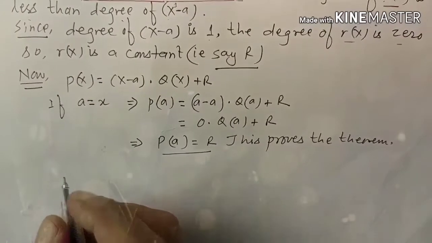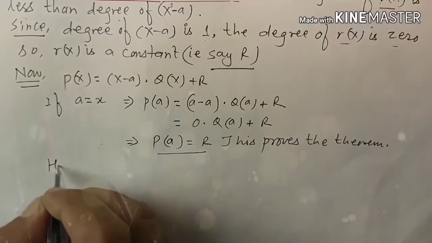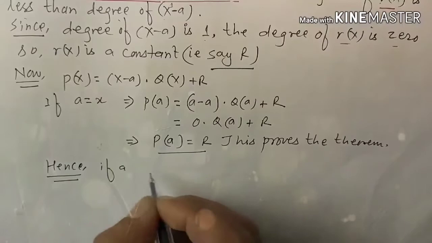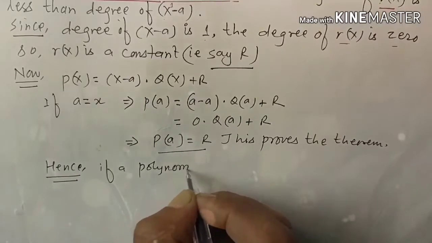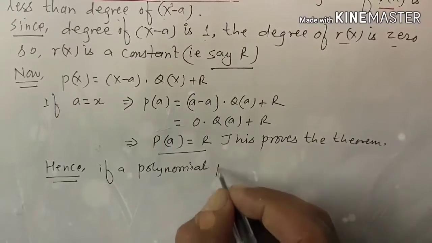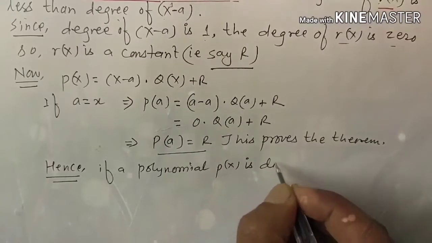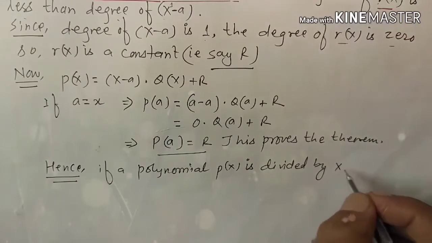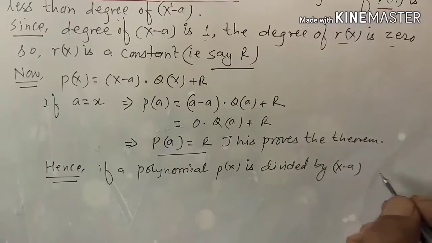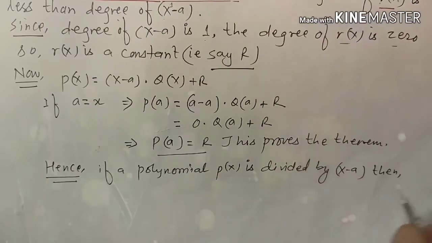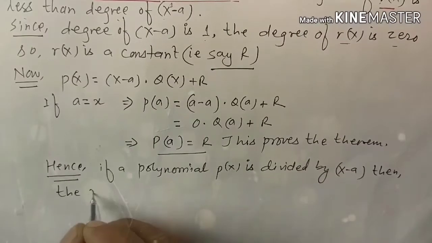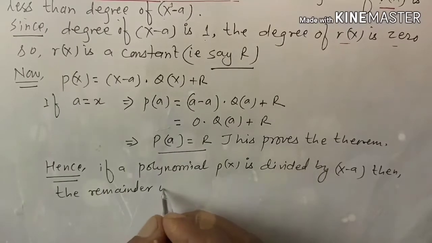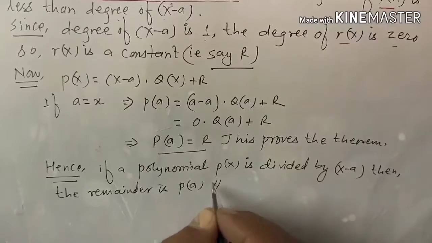Hence, if a polynomial P(x) is divided by x minus a, then the remainder is P(a).